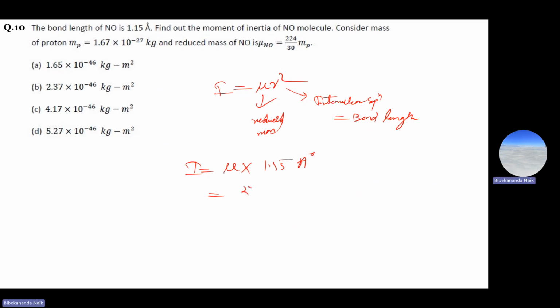Mu is 224 divided by 30 times mass of proton, 1.67 × 10⁻²⁷, times 1.15 × 10⁻¹⁰ squared.